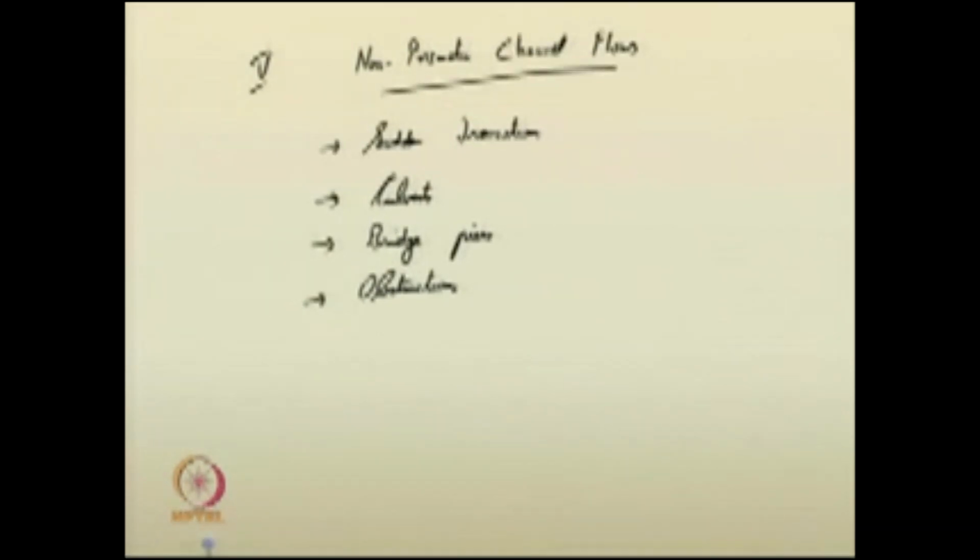Then finally, in the sixth module, we started discussing turbines. So, we have seen how the momentum principle is quite significantly used. Then impact of jets on vanes.